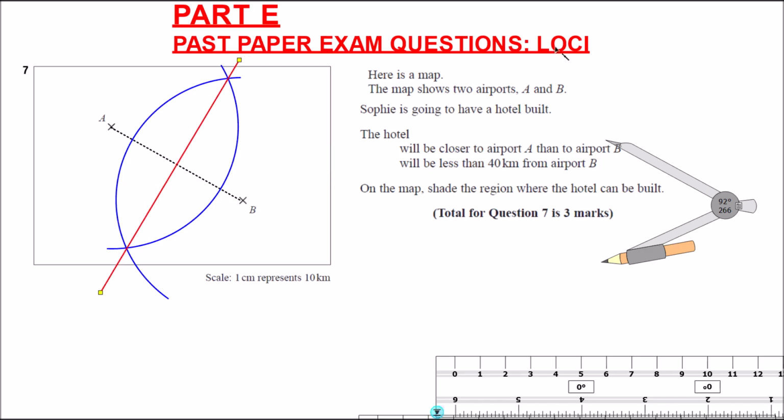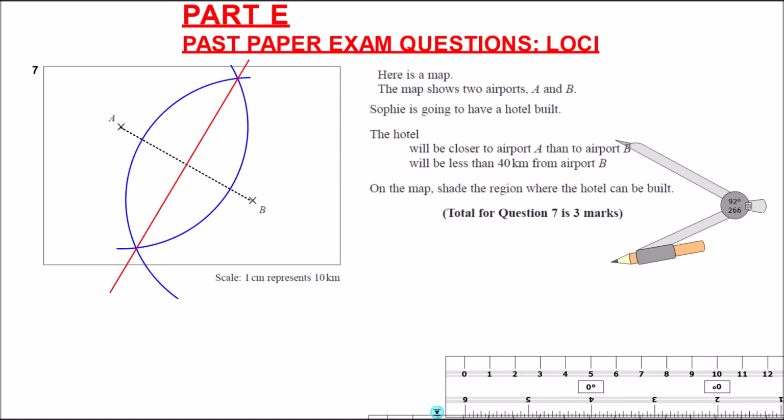And so that red line is the perpendicular bisector of the line AB. On that red line is the barrier which separates the distances which are equal distance from both A and B.